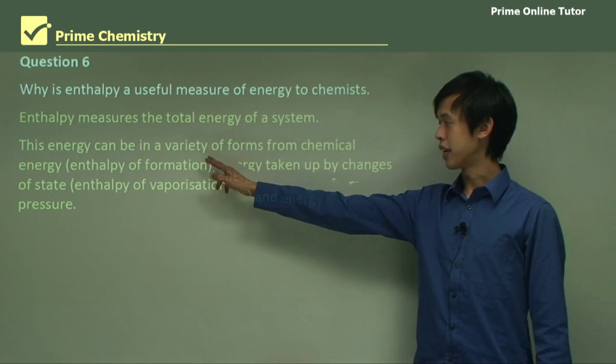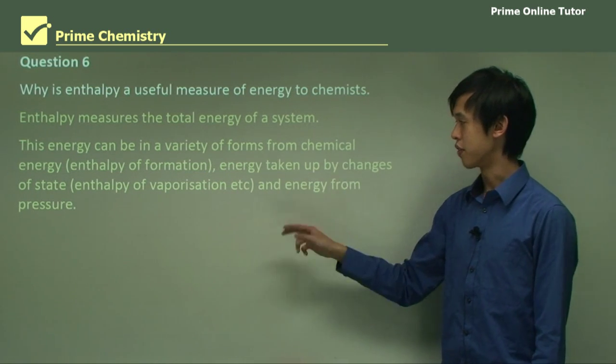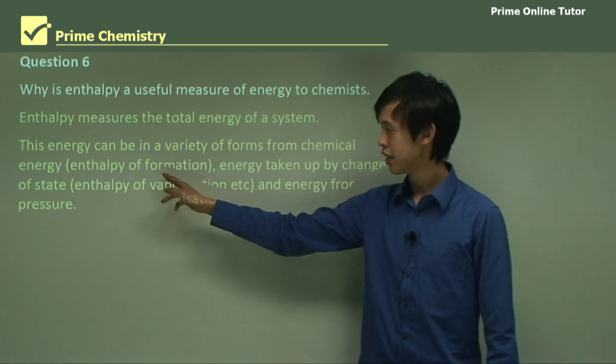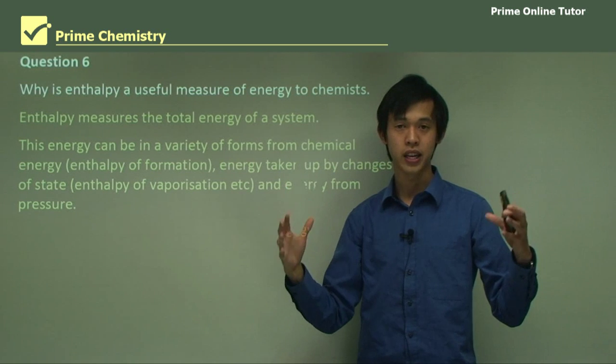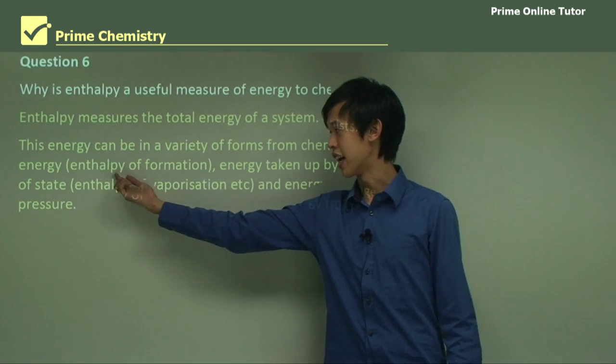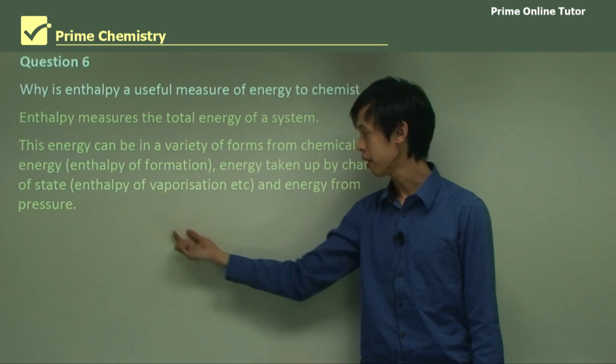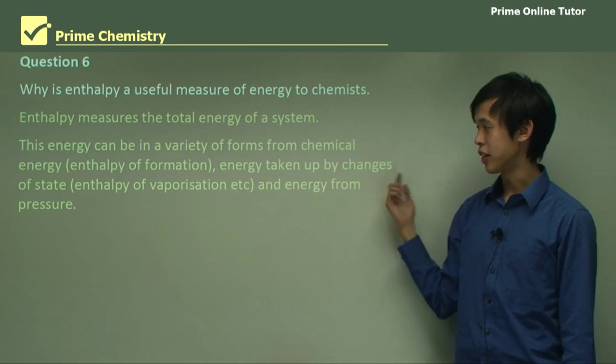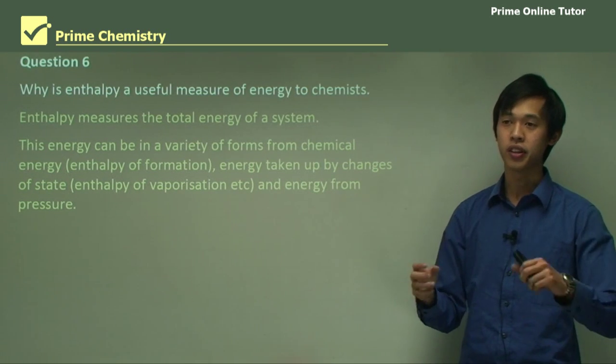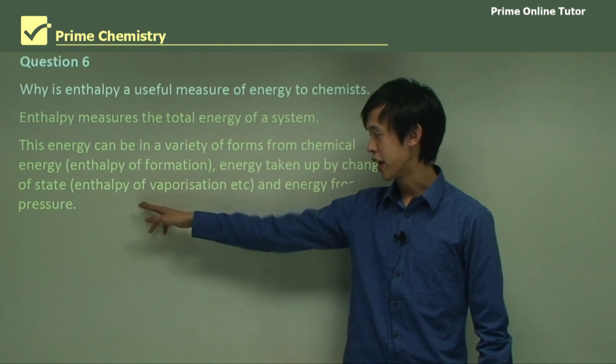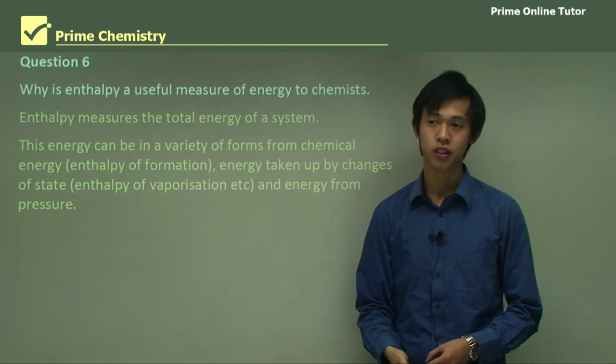This energy can be in a variety of forms. So you've got chemical energy. So we can talk about enthalpy in terms of chemical energy, and that's what's called the enthalpy of formation. It could be energy taken up by changes of state. So in other words, the enthalpy of vaporization or the enthalpy of condensation.